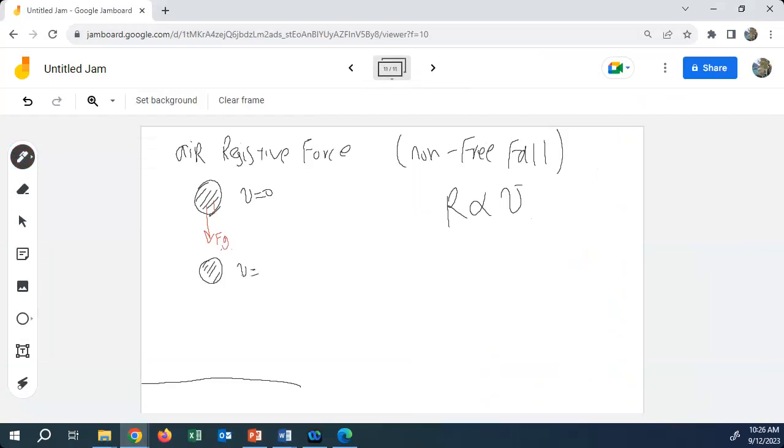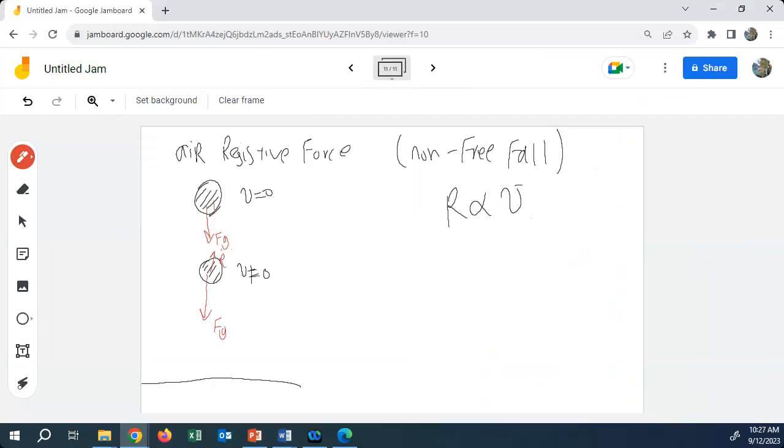The velocity can be any number, but it is not 0. How many forces do we have? Two forces. What are these two forces? Force of gravity and resistive force. A small resistive force, because the velocity just started increasing.